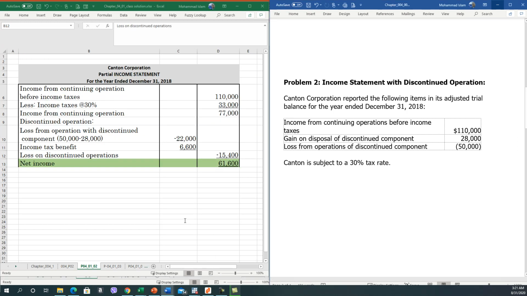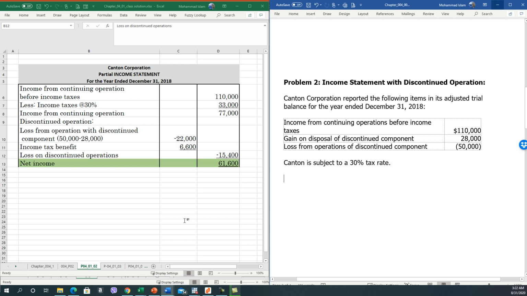So now let's solve a second problem. In this problem, we are asked to prepare the partial income statement. We are given the income from continuing operations before income taxes 110,000, gain on disposal of discontinued component 28,000, loss from operations 50,000, and it has a 30% tax rate.